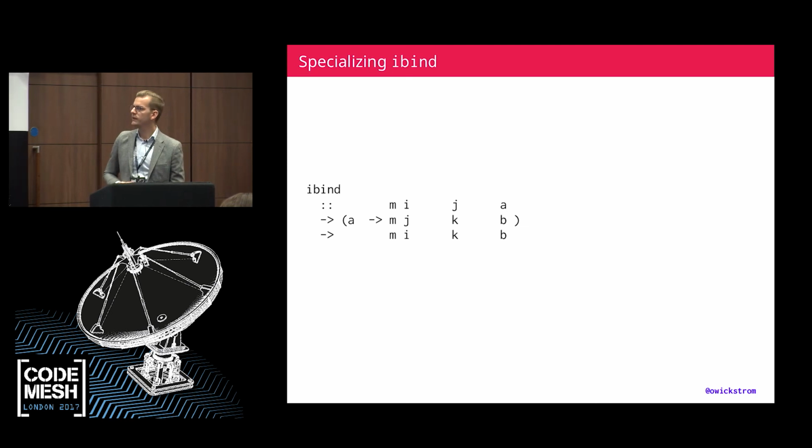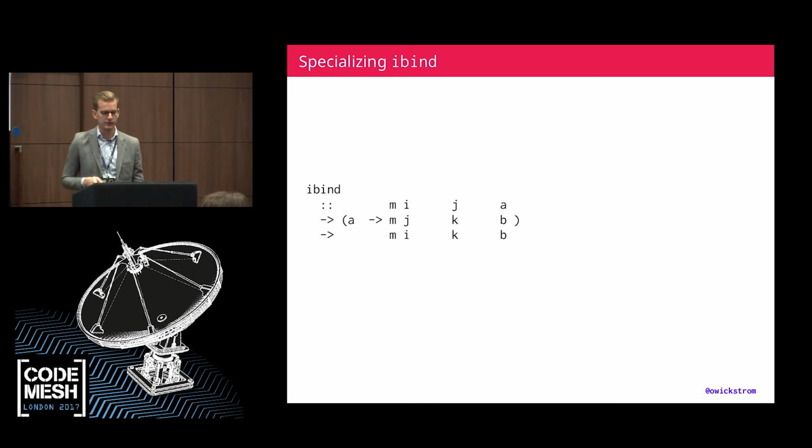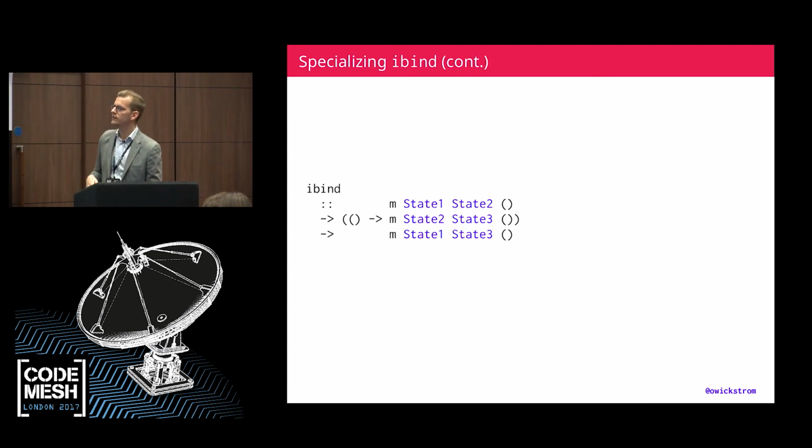So this is iBind again, different formatting. To show you how you can use it, I'll specialize this type to states instead. So if we swap these variables for some state types, we have this instead. So one action from state 1 to 2, one from 2 to 3, and the result is all the way from 1 to 3 in one big chunk.